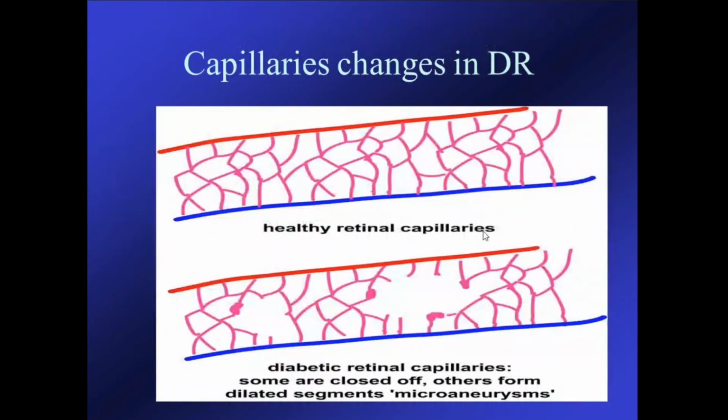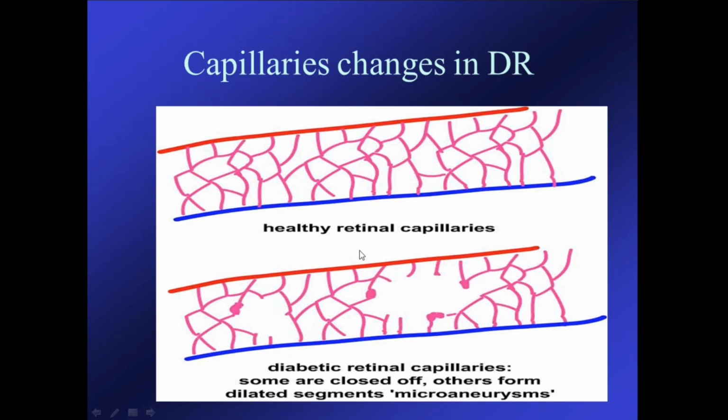What happens in the retina in case of diabetic retinopathy? On this picture you can see healthy retinal capillaries. These are capillaries in diabetic retinopathy. Some capillaries closed, some dilated, and we see microaneurysms.